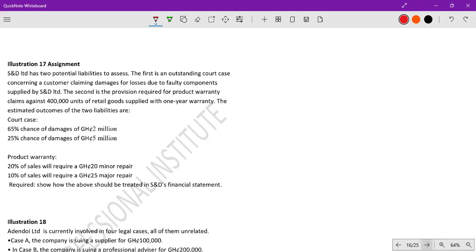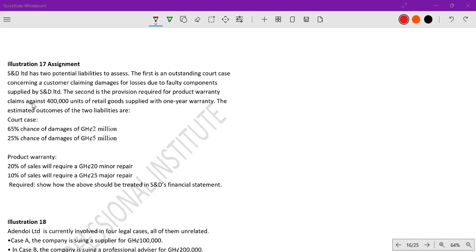Look at this one carefully. Somebody can read it for us. Illustration 17: show how the above should be treated in S&D's financial statements.